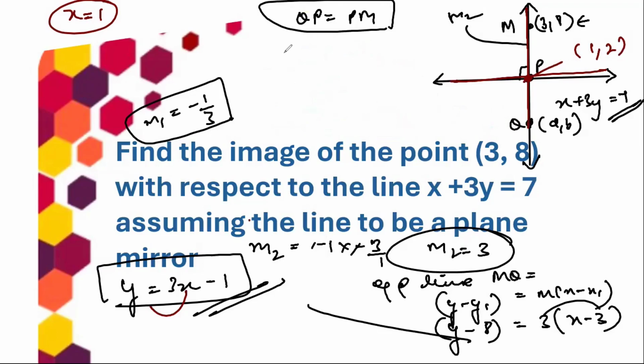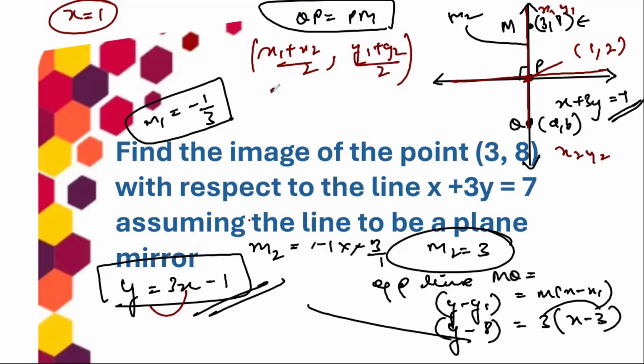I know that P is the midpoint of MQ. So I can use the midpoint formula, which is ((x1 + x2)/2, (y1 + y2)/2), and we have the midpoint at (1, 2). Let's say this is (x1, y1) and this is (x2, y2). So ((3 + a)/2, (8 + b)/2), and I have the midpoint as (1, 2).